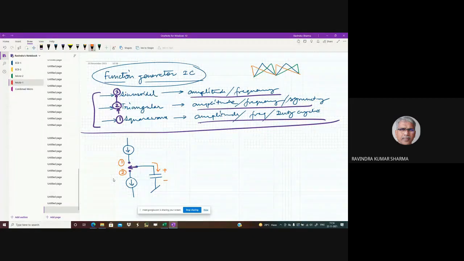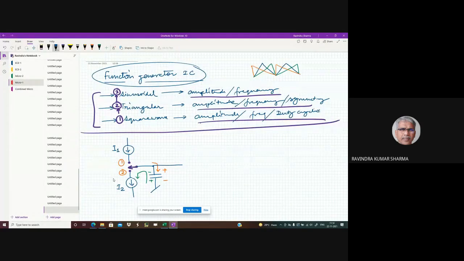If it is position 2, then it would charge like this with this polarity, right? Now this voltage is what is going to be the ramp voltage, with constant currents, let us say I1 and I2, depending upon the symmetry that we want.